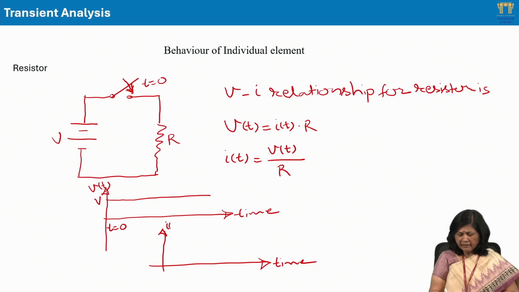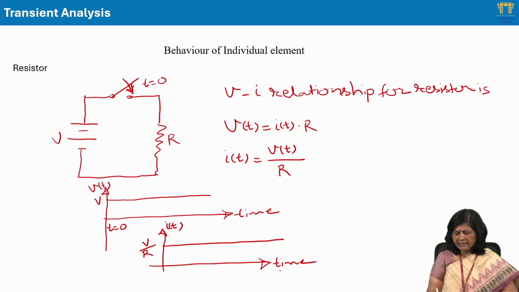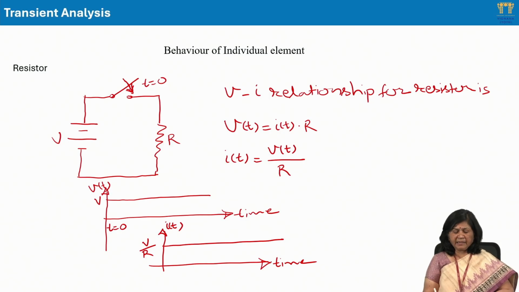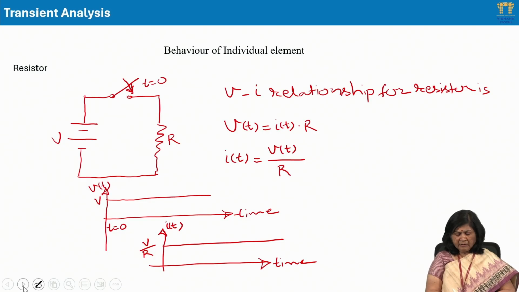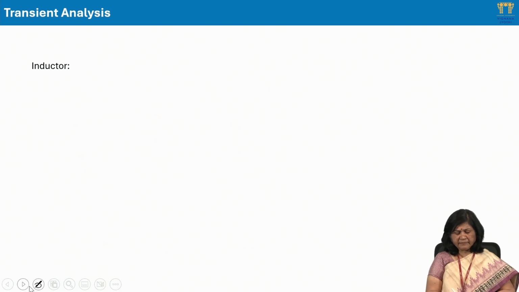My I of t will be like this, it will be V by R. Over time, as the time changes, my current will depend upon the voltage which is applied. I have not applied the voltage here as a variable. It is a constant voltage applied to the resistance. So the resistor doesn't respond to any transient. Current follows the voltage here.